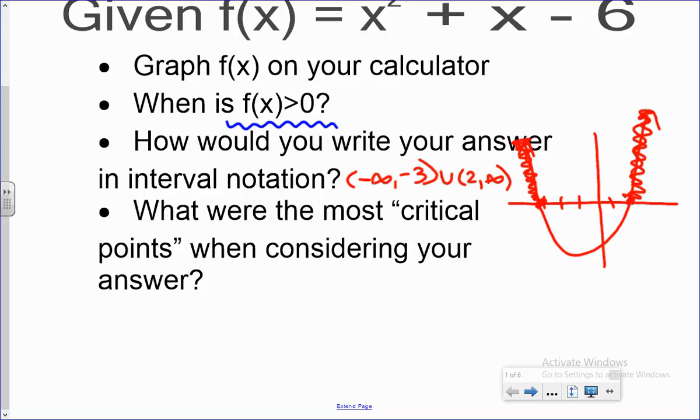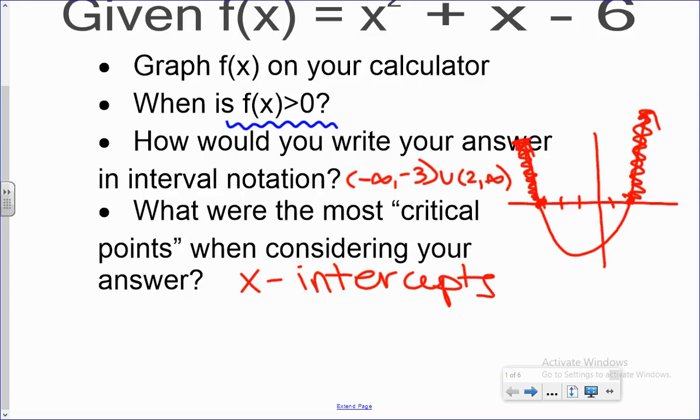What were the most important points you had to think about when deciphering where the function was positive versus negative? The x-intercepts. Okay, those x-intercepts were pretty important, weren't they? Our x-intercepts separate our graph from where it's positive to where it is negative.